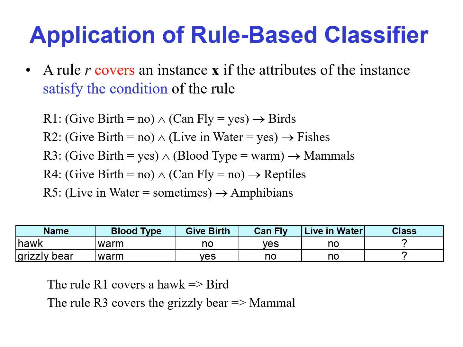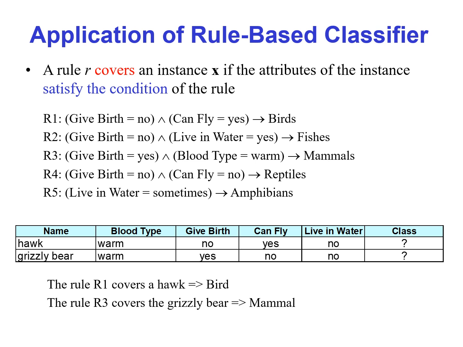Now, application of a rule-based classifier. A rule covers an instance X if the attributes of the instance satisfy the condition of the rule. If the conditions in the rule are satisfied, then we can identify the class. For example, we have two examples here, and we know 5 rules are already derived. Hawk: blood type warm, give birth no, can fly yes, live in water no. We have to classify it.